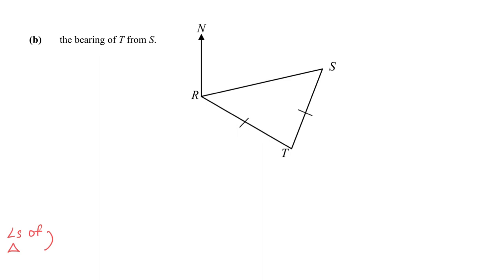From S, that would mean that at the point S, step 1, from S, that is where I'm going to draw a north arrow at point S, and the ending line is TS. That means when I draw this bearing, starting from the north in the clockwise direction, I will end here. So this is my bearing that I will need to find, this angle.